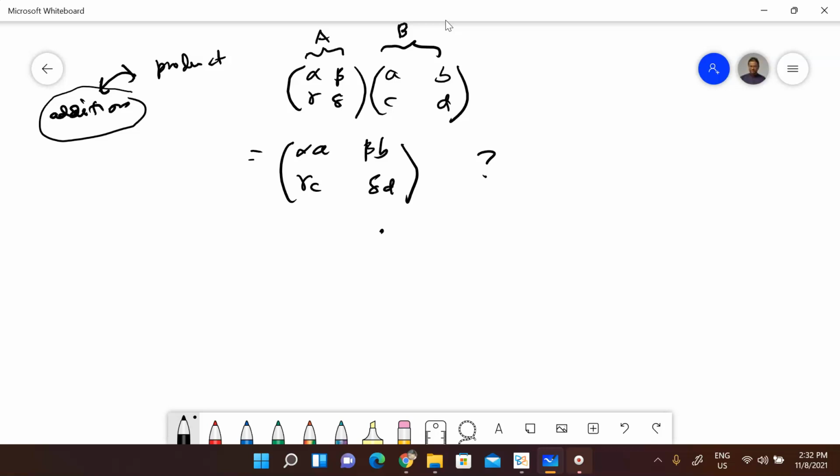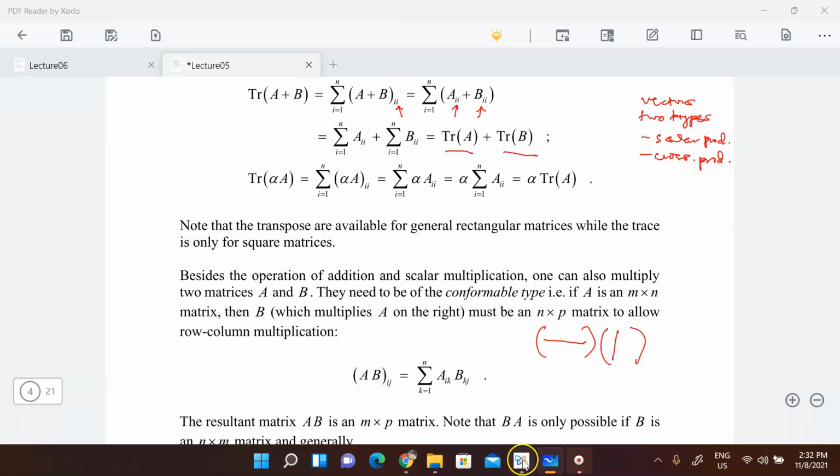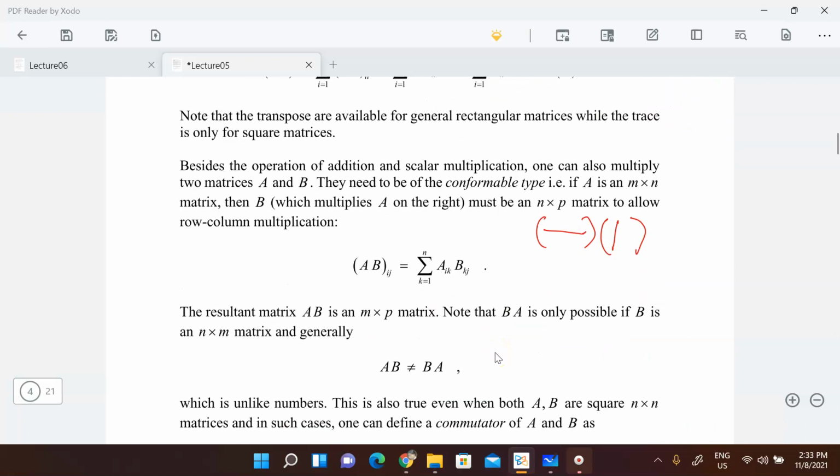Okay. So there are properties. When you make combinations of them, you want them to be compatible in some way. So the matrix product that you see over here has to be compatible in this particular way. It's called conformable.